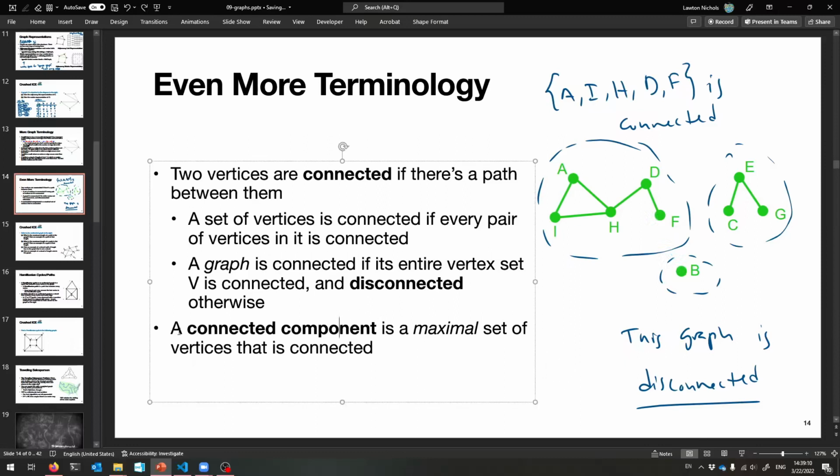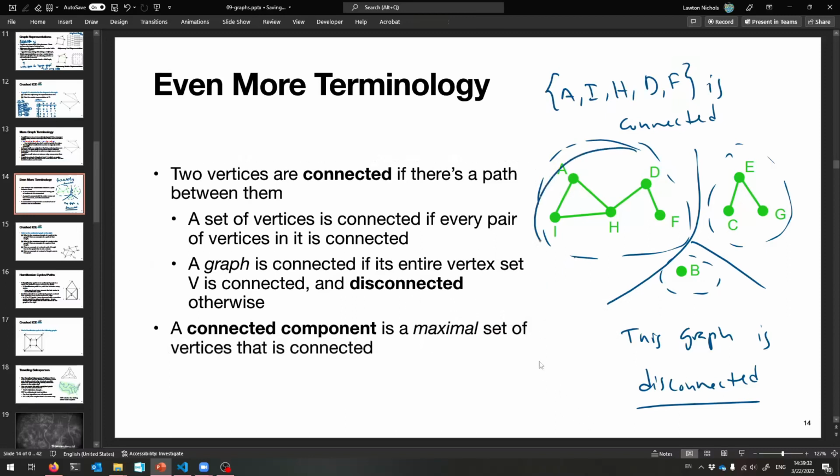So that's a disconnected graph. And if you have disconnected graphs, it's often a good idea to ask, okay, what are all the sets of connected things? Like, it kind of partitions the graph, right? Remember that word? So we can talk about things called connected components, okay? That is a maximal set of vertices that is connected.